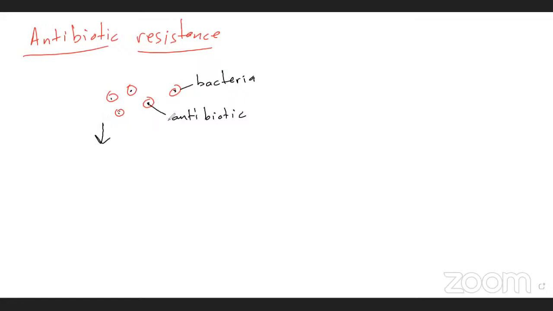Now, those that survive are going to reproduce, right? The bacteria that survived the antibiotic would have something in them that made them resistant. So when they reproduce, the new bacteria that are produced, will they be susceptible to the antibiotic or resistant?